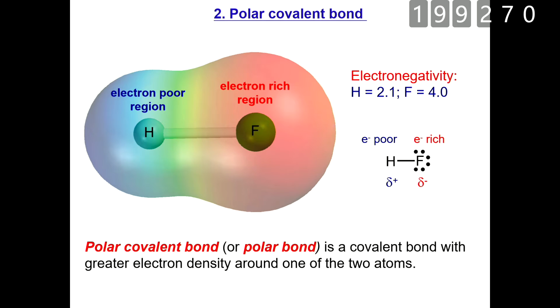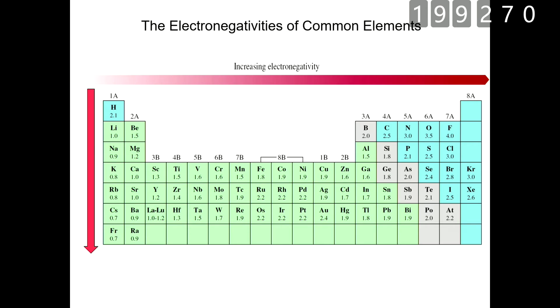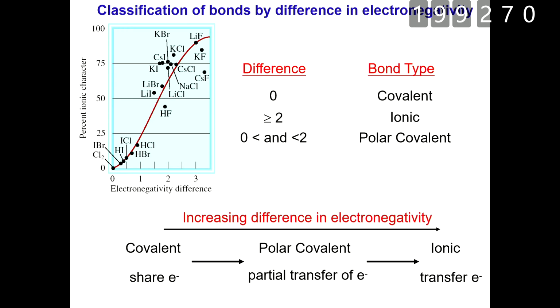And basically, we use this figure to determine what kinds of bonds form between two atoms. We can determine the bond types according to the difference in electronegativity.